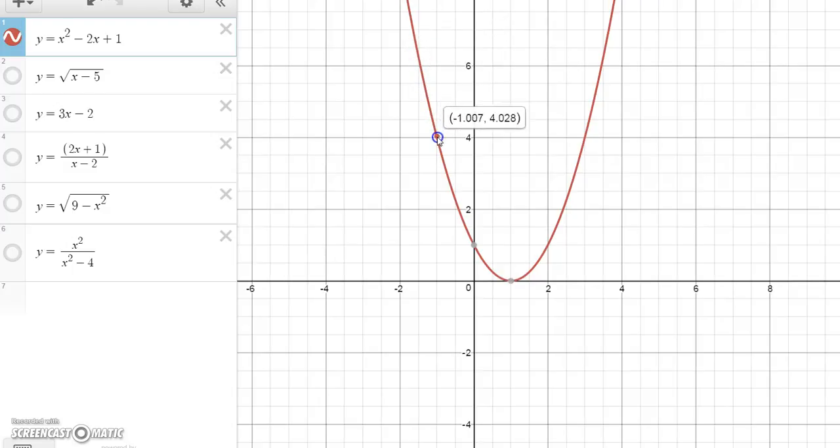And then if you go to the right, the x values continue, and basically every x value is included. So if I went infinitely to the left and infinitely to the right, every x value is included. So the domain of this function is all real numbers.